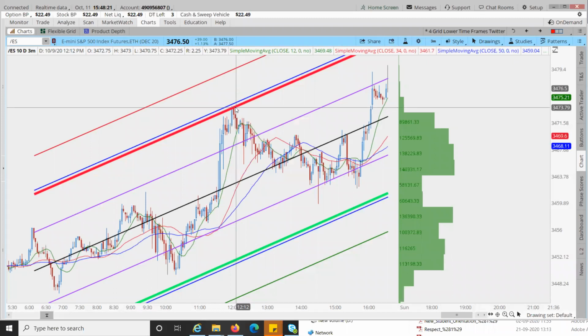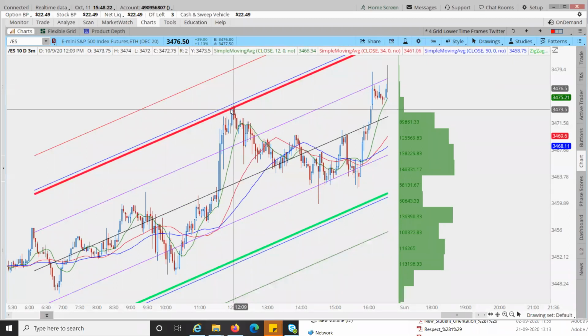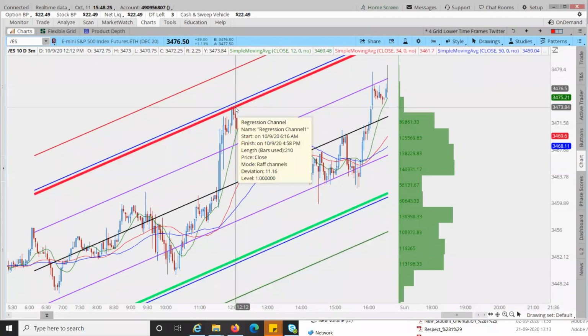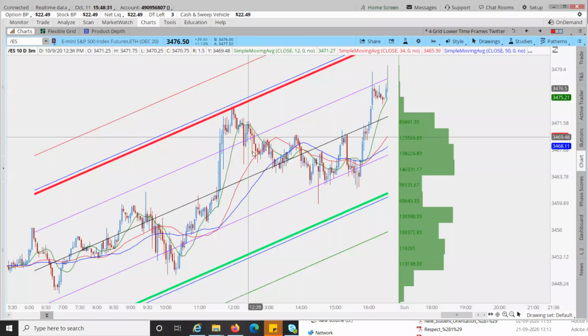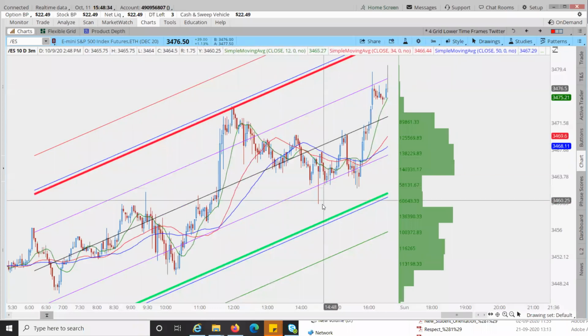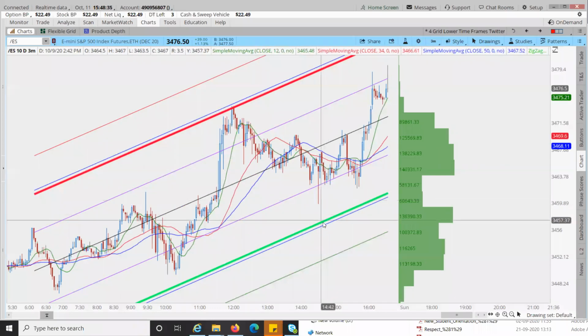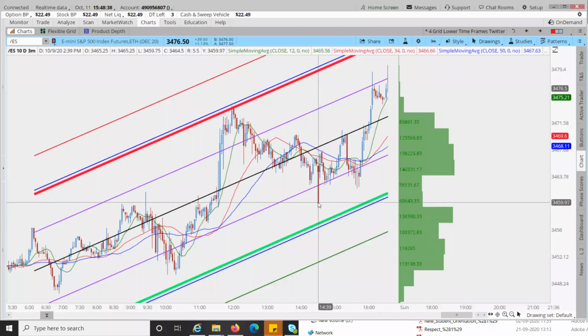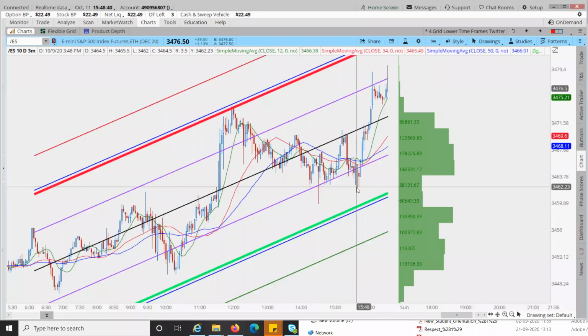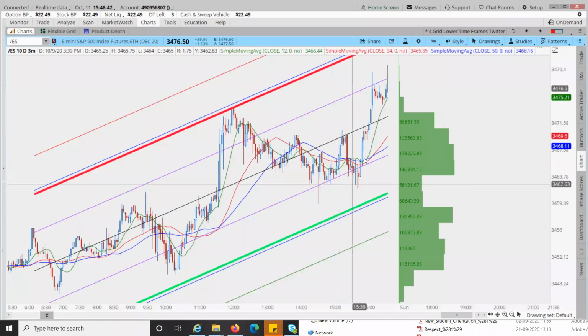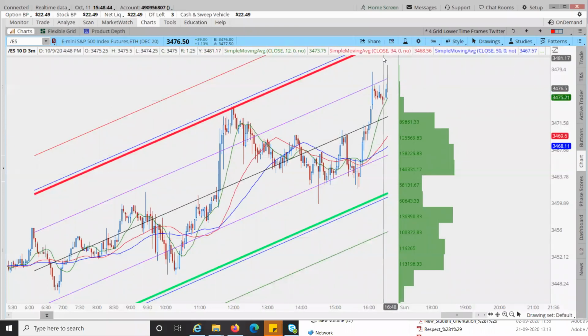It's a basic principle in trading. Once you test the resistance and fail to break out, you are going to come back and test the support. This was the support range; it came, but it didn't touch. So at least it came back. Now it's going to go up and test this line.